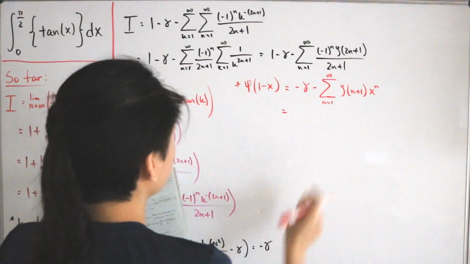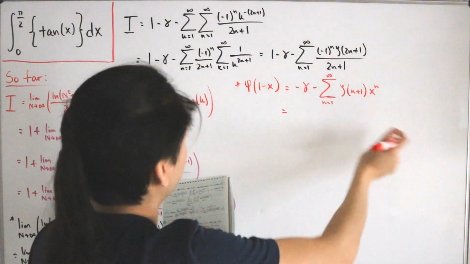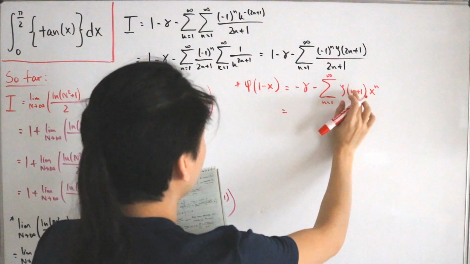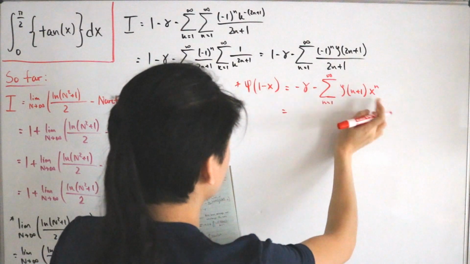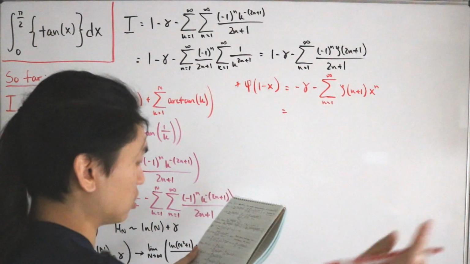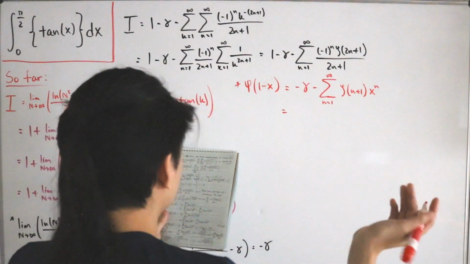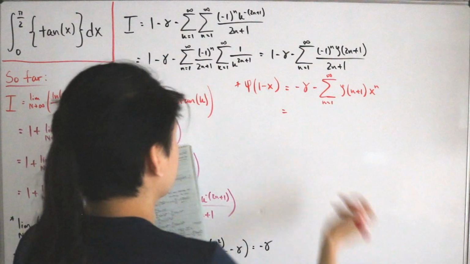If you were to expand this out, we have a nice little trick that we're going to do. We're going to separate this out depending on how the terms are evaluated. If n equals 1, then this is going to be zeta of 2, and x to the power 1. If n is 2, then zeta of 3, and x squared. So depending on the degrees and the values of the Riemann zeta function, we can separate this out such that it deals with the subtraction of series.